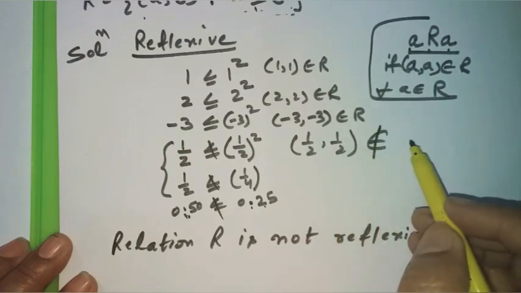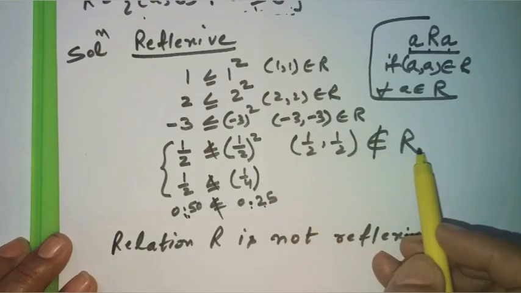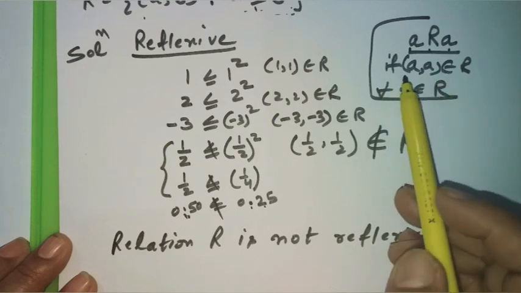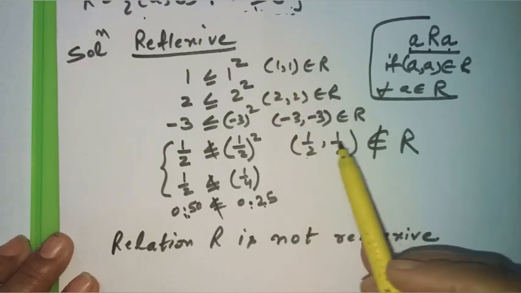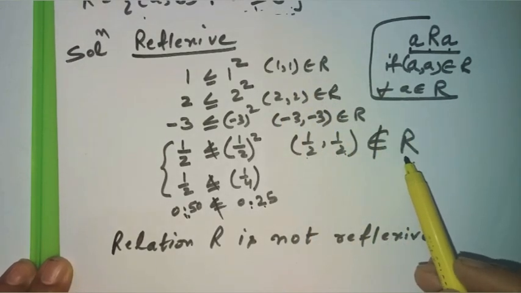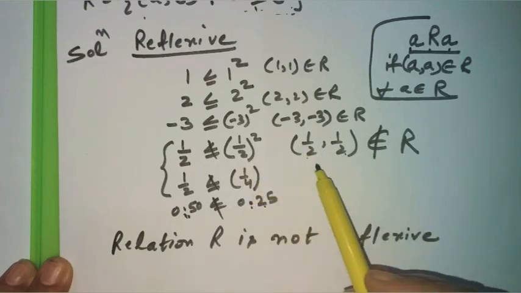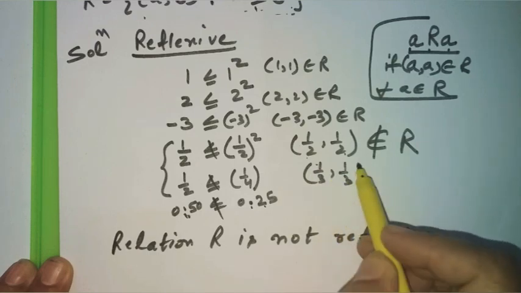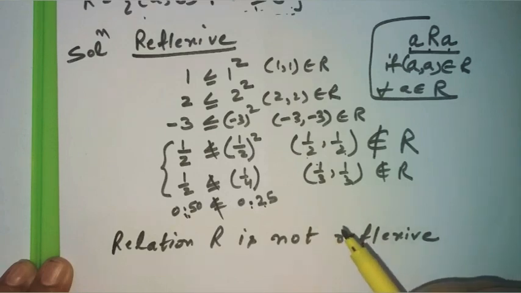So this particular ordered pair (1/2, 1/2) does not belong to R. Again I tell you, a relation will be reflexive if every ordered pair where both the elements are the same, of all real numbers, would have belonged to R, then we could have said that the relation is reflexive. But here I am able to give one example, I can give many more examples where this is a proper fraction.